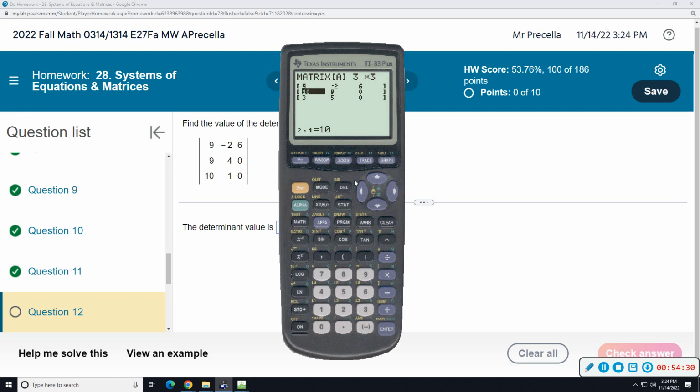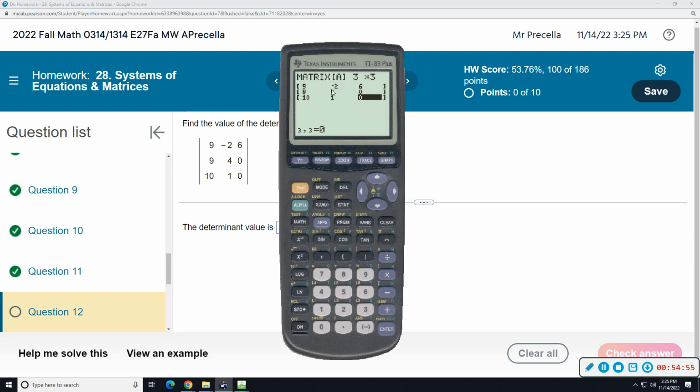Notice how it's erasing the numbers that were there. 9, 4, 0, 10, 1, 0.